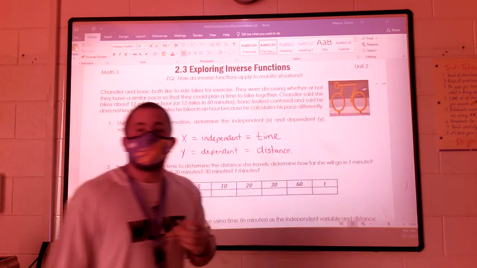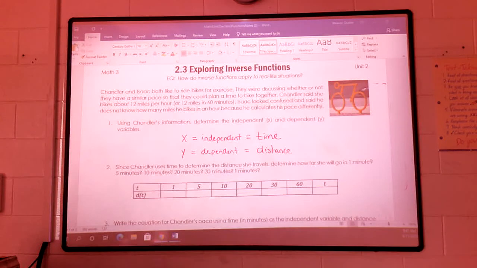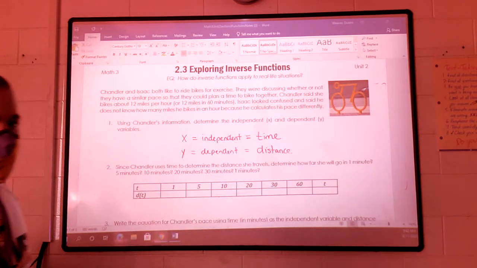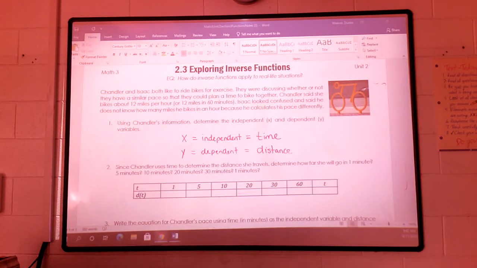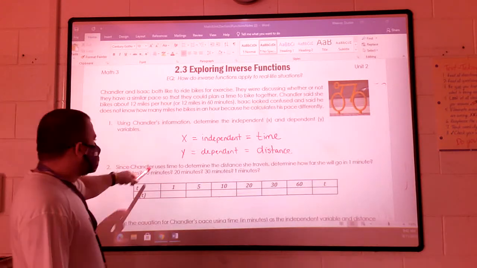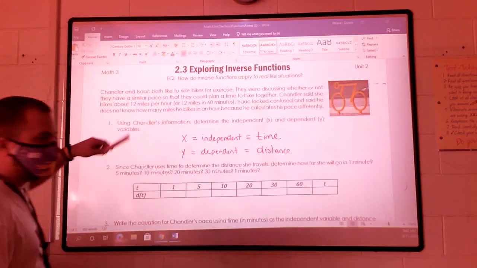If you're a bike rider, the more time you spend riding your bike, the further you go. That's kind of what this means. X is time, Y is distance. So the more time I spend riding, the longer I ride the bike, the farther I go on the bike. That's the distance. So Chandler uses time to determine the distance she travels.